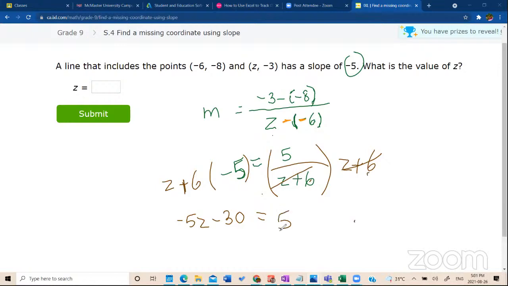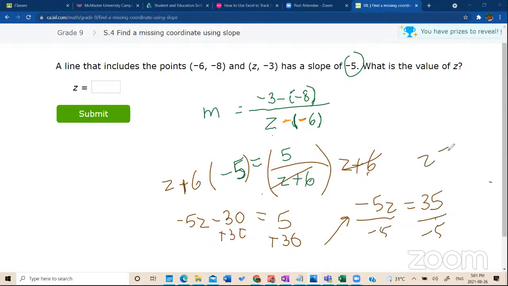Then we can do plus 30 on both sides, so that becomes negative 5Z is equal to 35. And divide by negative 5, divide by negative 5.